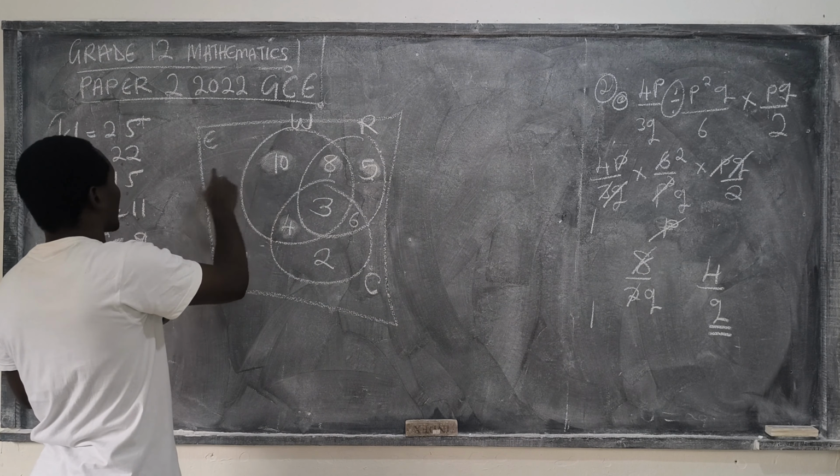So gradient of AB, it is y2 minus y1, which is 6 plus 2 over 3 plus 1. This and this, it is 8. 8 divided by 4, that is 2. So here you get a 2. Then next you go to BC.